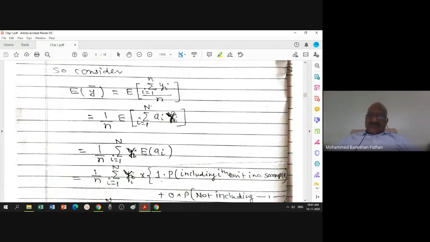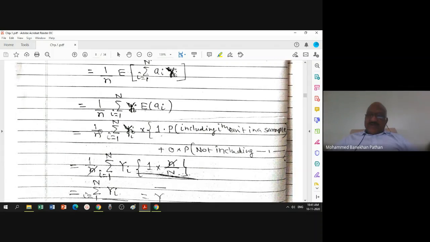This yi is a fixed value now, and this ai is a variable. So the expectation goes to the variable. So 1 upon n summation yi, ai takes two values. So the expected value is the value of the variable with its probability plus another value of the variable with its probability. So 1 multiplied by the probability of including the unit, and 0 multiplied by not including.